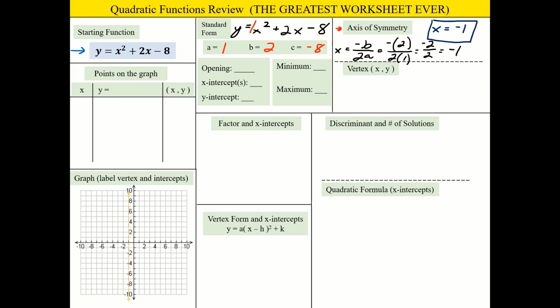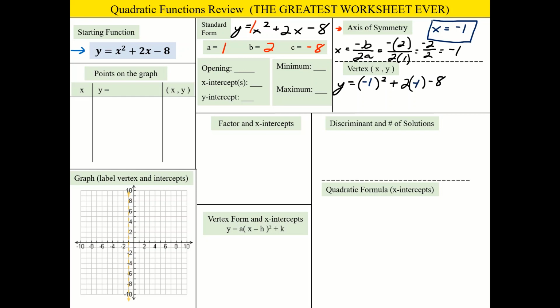Now that we have the axis of symmetry, we can get the vertex. In order to do that, we're going to take that x value, -1, and substitute it into the starting function, or the standard form, which in this case are the same. So y equals, and I like to write it out first with parentheses, and then substitute the number, -1.